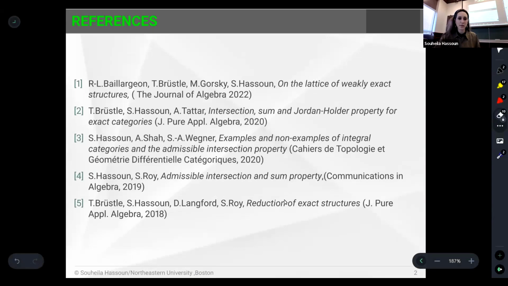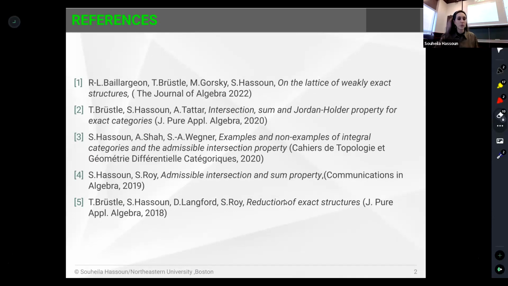Yep. So that's based on several joint works, which are related to studying the Jordan order property, but the results are from different preprints. So here is the list of the co-authors, which is long.